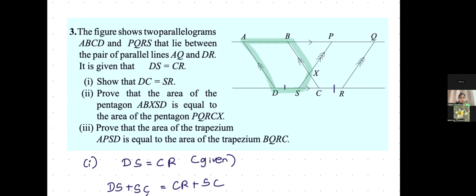And the other one is PQRCX. We have to prove that the areas of these two pentagons are equal.